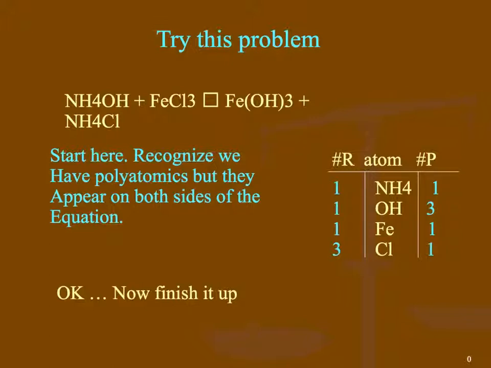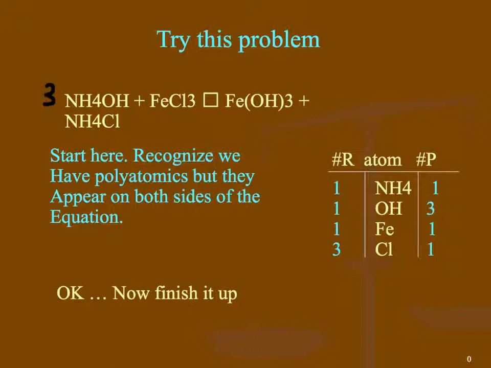Okay, now let's go ahead and finish up and see if we can balance the equation. As we look at it, we'll notice that we have the 3 hydroxides on our product side. So if we come in here and we write a 3, we'll have 3 times 1, and we'll have 3 hydroxides on our reactant side. Now notice that also now gives us 3 NH4s.